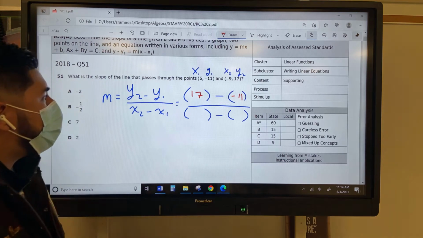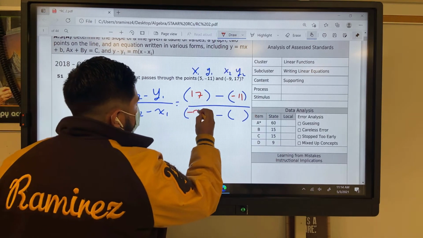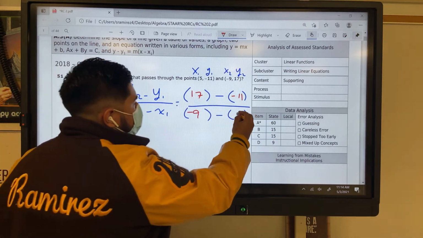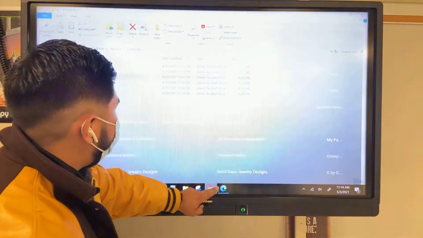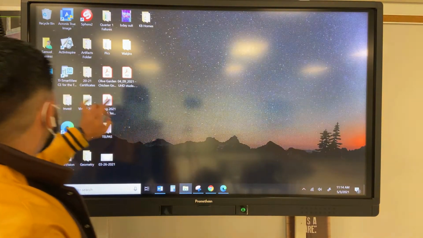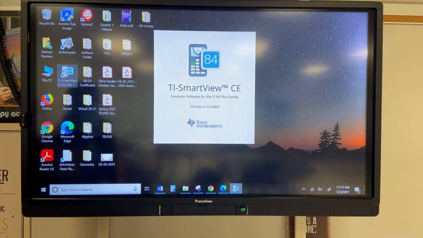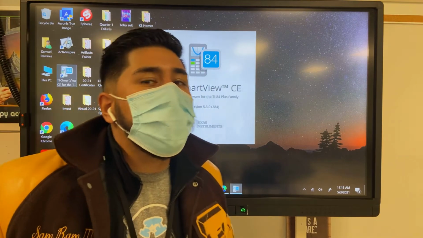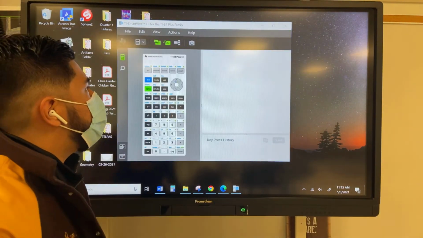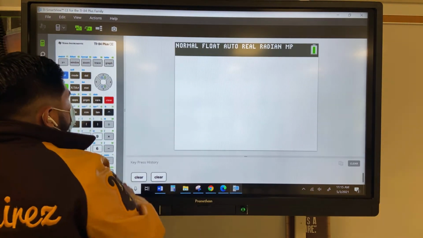Yes, I put the negative 11 in parentheses. x2 is negative 9 and x1 is 5. You will be getting the calculator, the TI-84. You will all get this calculator. Tomorrow I'll find out for sure if we get to use Desmos on the test.